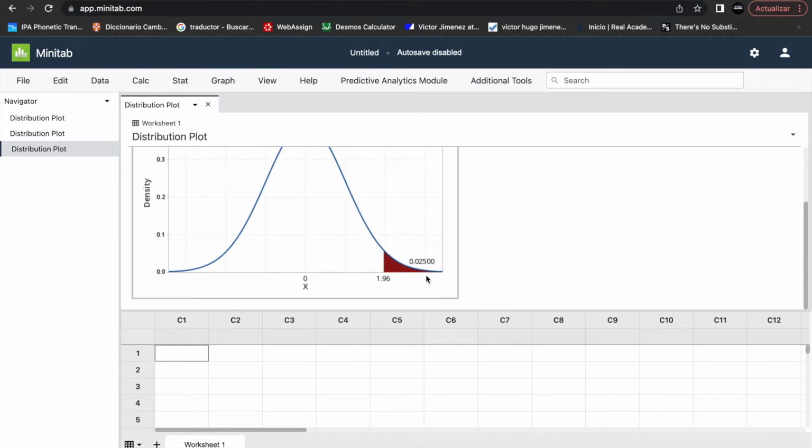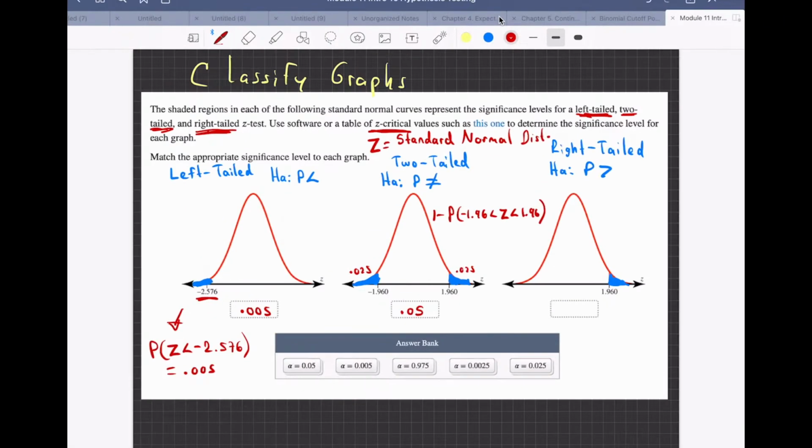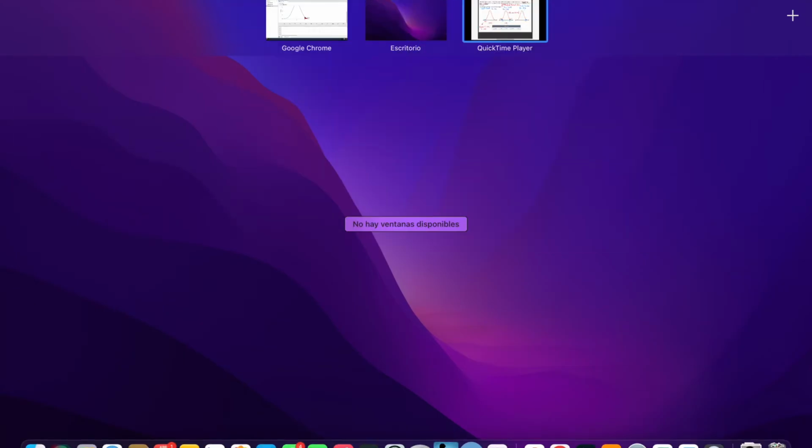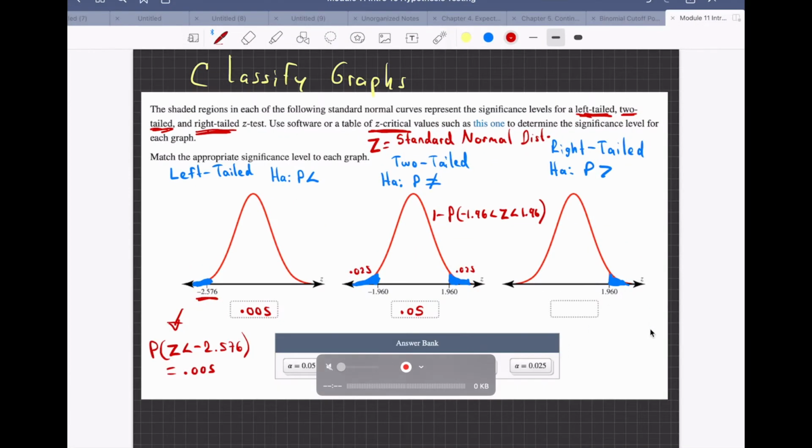You see that is the value, 0.025. So this is what goes there.